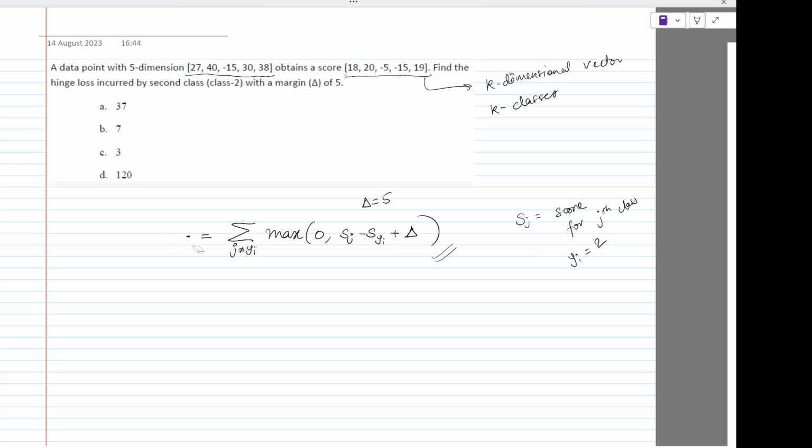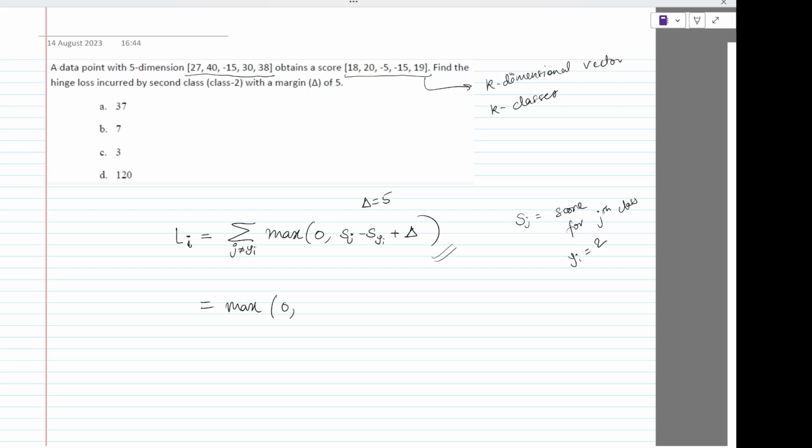So maybe I should write it here. This is for the ith data point. Here there is only one data point given to us, and yi is the label for the ith data point. So we just need to put in these values. sj is what?